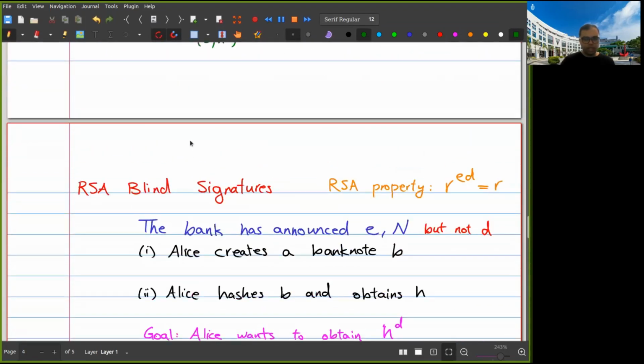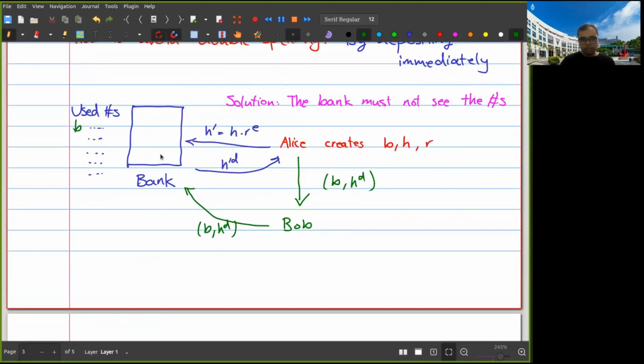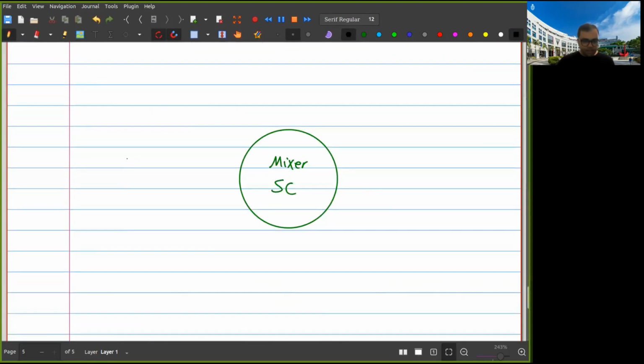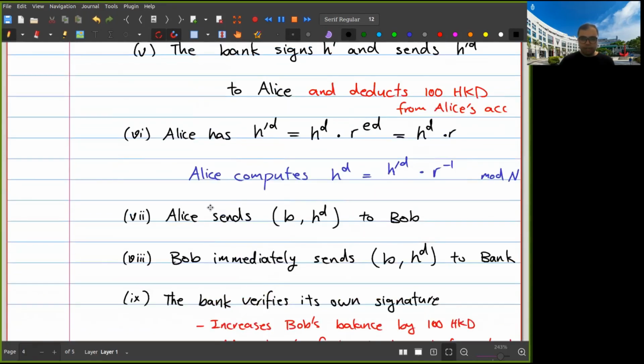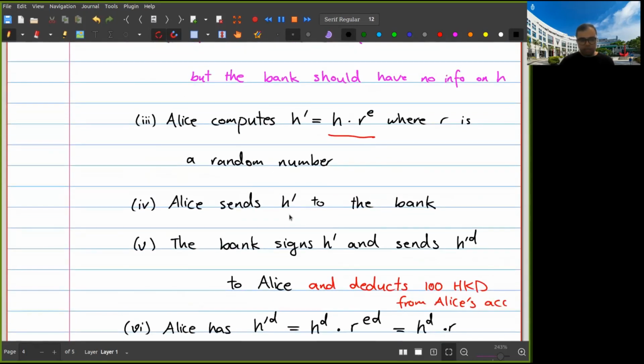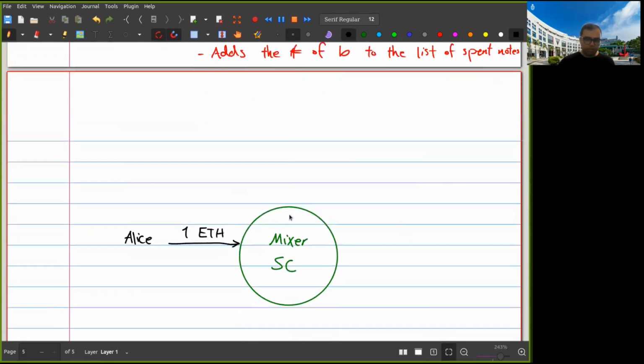I want to basically use my contract to replace the bank, but I can't really do that because here's the thing. I have Alice, and let's say that Alice is paying 1 Ether in here. What else is Alice doing? Alice is also giving this value of H prime, okay?